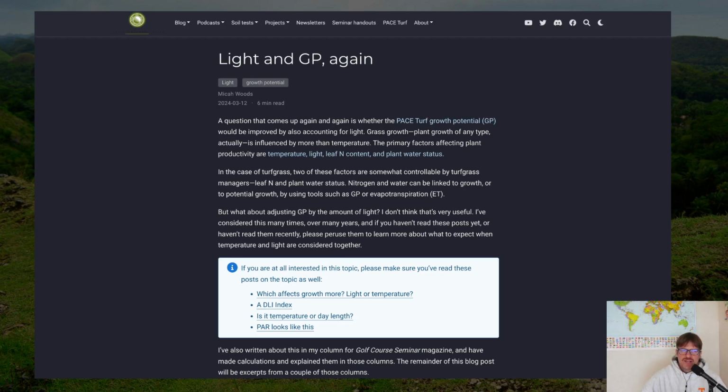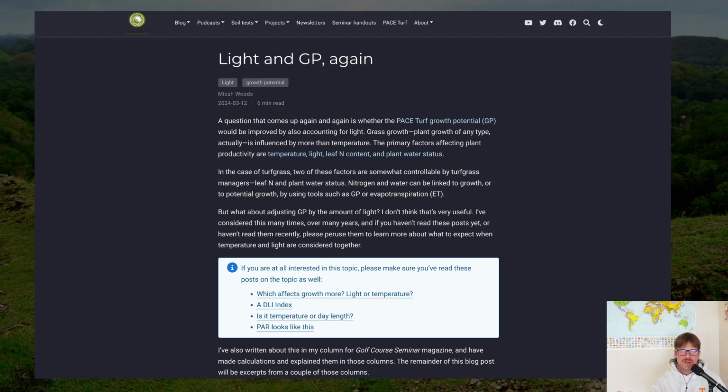And I think if we want to realistically consider how these types of models can be used for grass growth, for turfgrass management, we need to be realistic and consider that all of those factors are involved.